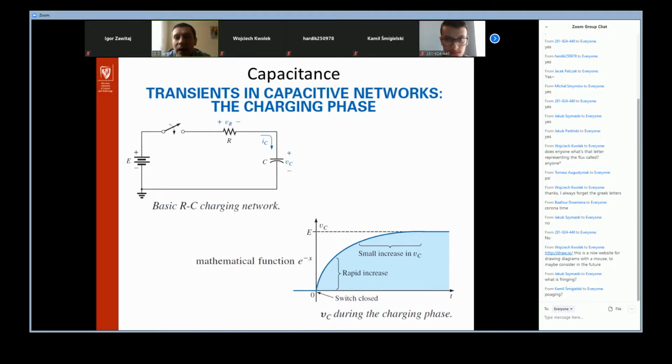If we take a pure capacitor, for example one which is empty at the first moment, and we build some RC network, and we plug in the voltage source and the switch, we have to know what happens at the moment when we turn on the switch. Yeah, this is very important.